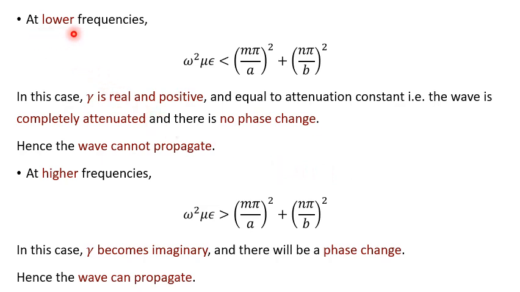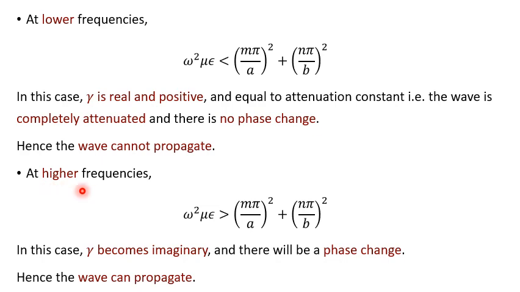At lower frequencies, omega square mu epsilon will be much less than m pi by a the whole square plus n pi by b the whole square. So your propagation constant gamma will be real and positive, that is, it is equal to the attenuation constant. That means the wave is completely attenuated and there is no phase change, so there is no propagation.